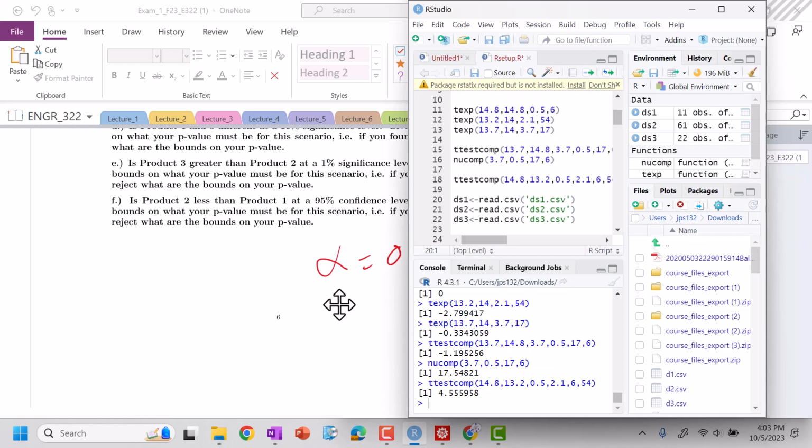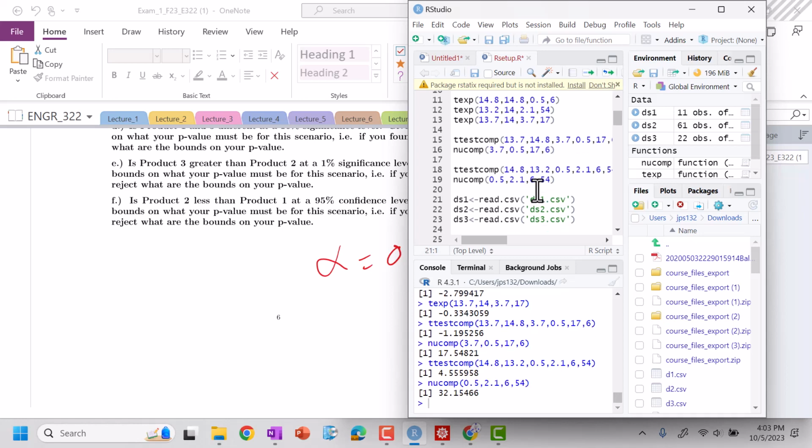And again, this is a greater-than test, so we can copy this same thing, and then put this into new comp, and then delete these characters. 0.5, 2.1. So our new is basically infinity.